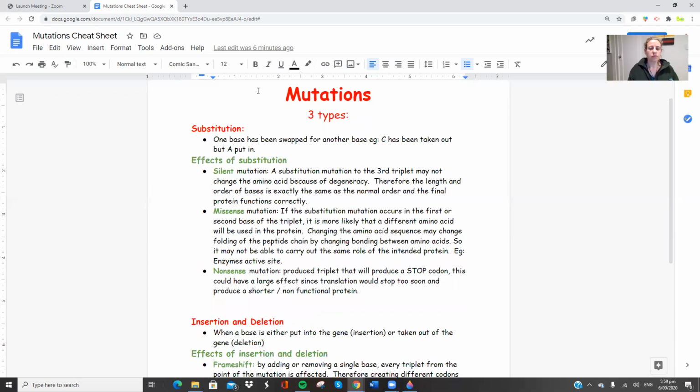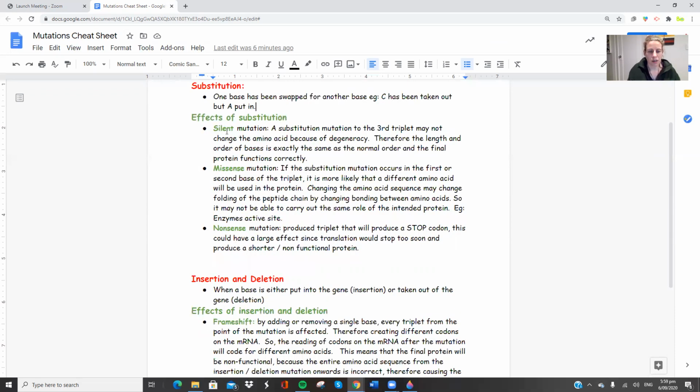So effects of substitution. Number one, it might cause a silent mutation. And the substitution mutation to the third triplet. So a triplet is a series of 3 bases on the DNA. Every 3 bases code for one specific amino acid. So substitution mutation to the third triplet may not actually change the amino acid because of degeneracy.